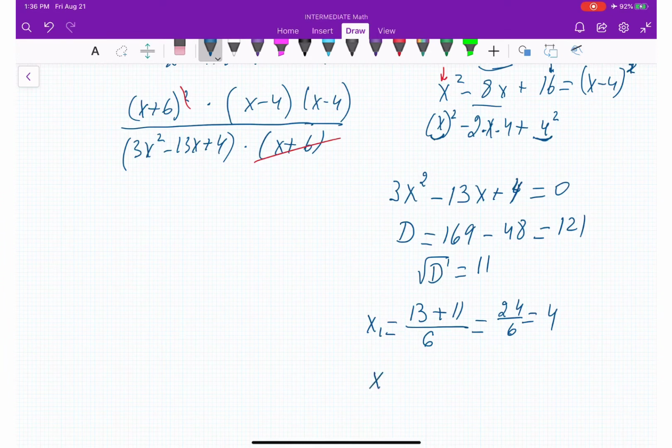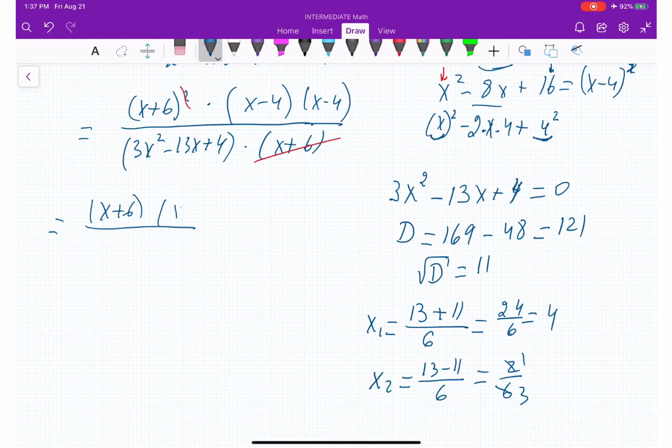And x2 is going to be 13 minus 11 over 6. And that is going to be 2 over 6 or 1 over 3. All right. So let's see. In numerator, we have x plus 6.